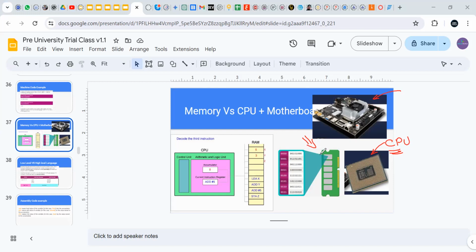Okay, so the RAM inside it, to be able to store information, we have two portions that we need to deal with. One part is the addresses in the RAM, and another part is the data. So this is the portion where we store the data, and this is the address. Okay, so you know that every home has a number, right? We are able to recognize any home in Malaysia by having a street name and a number for the house.